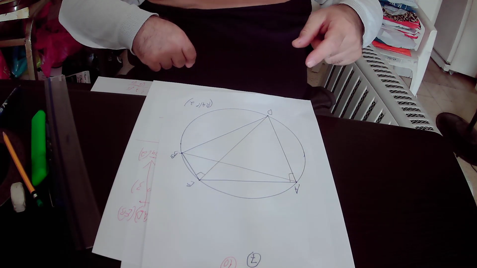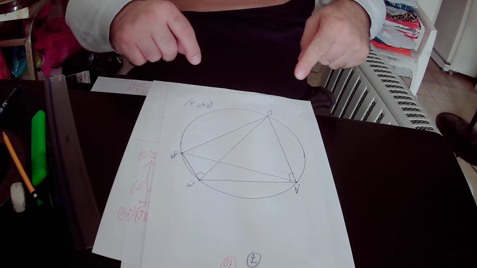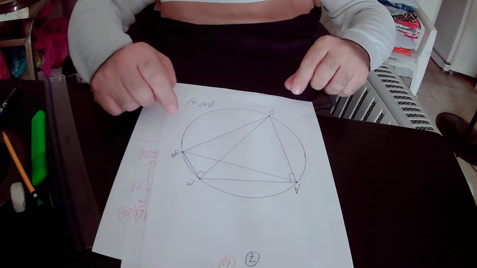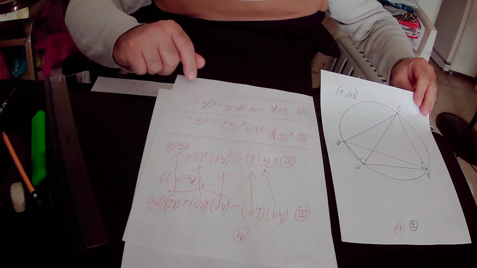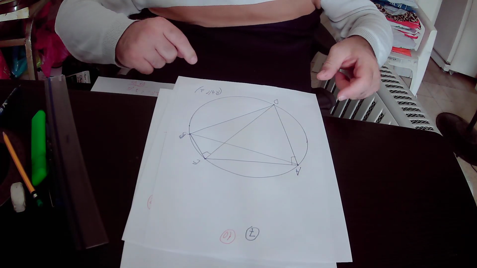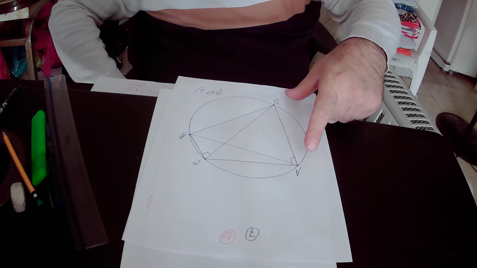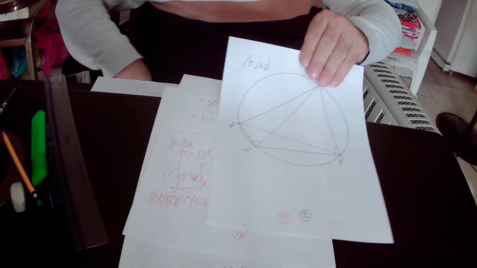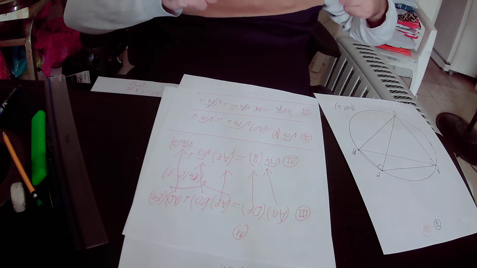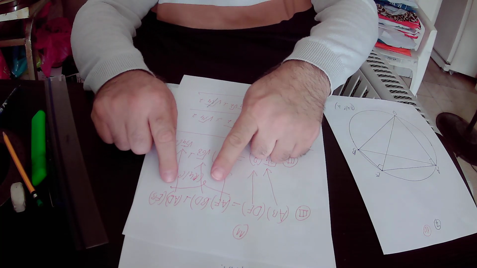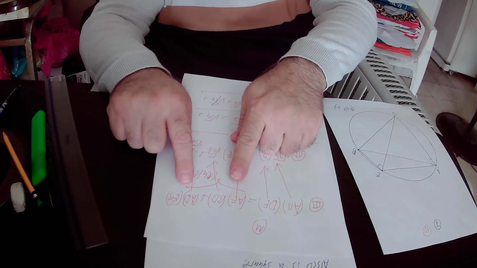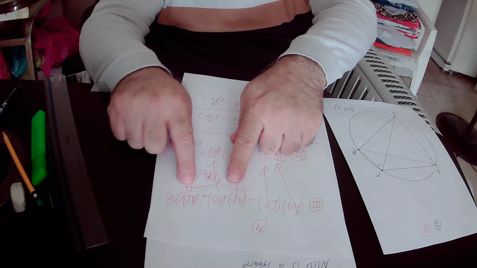And the sum of the products of its opposite sides: the first product is AE times BD, and the second product is AD times EB.